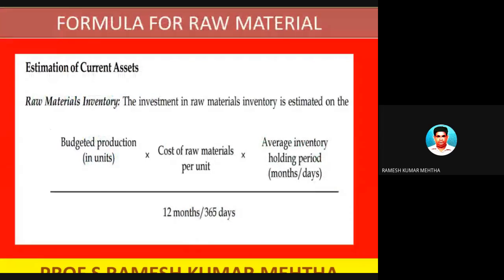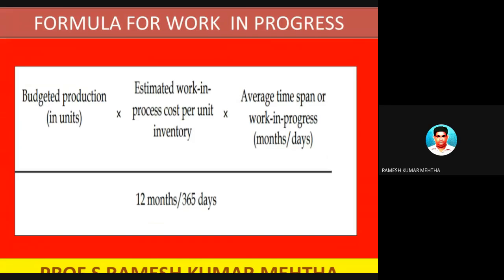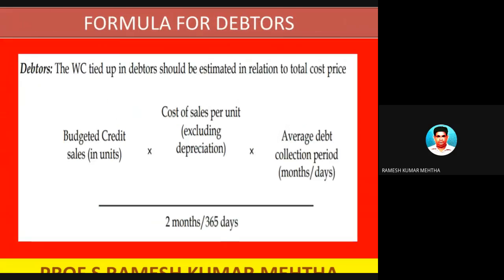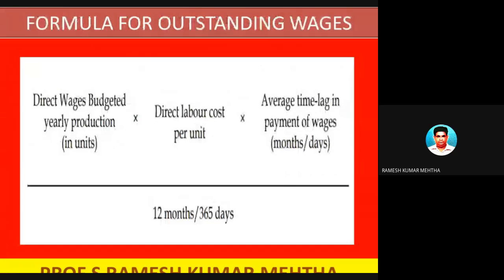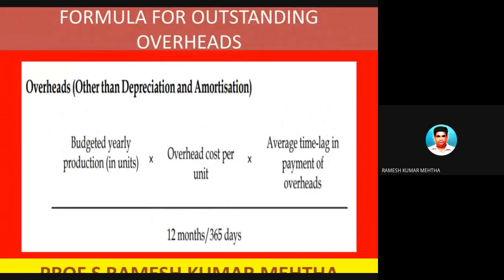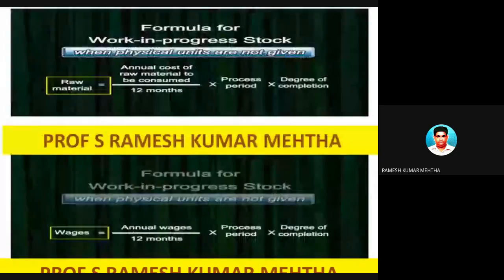And in the subsequent stage, we discussed the formulas for different items of current assets and current liabilities, like the formula for finding out the total amount of raw material lying idle in the factory storeroom at any given period of time. As well, we spoke about the formula for work in progress, debtors, creditors, outstanding wages, formula for finding out outstanding overheads, and many other aspects.